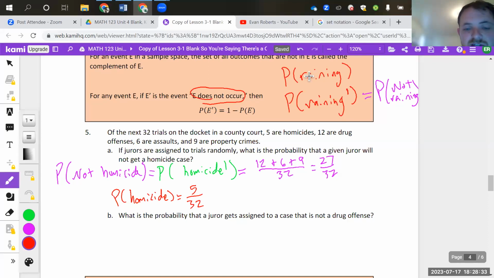And so you could have done 1 minus 5 out of 32, which right now it kind of seems dumb, like not helpful. But there will be times where it's so much quicker to just do the 1 minus thing.